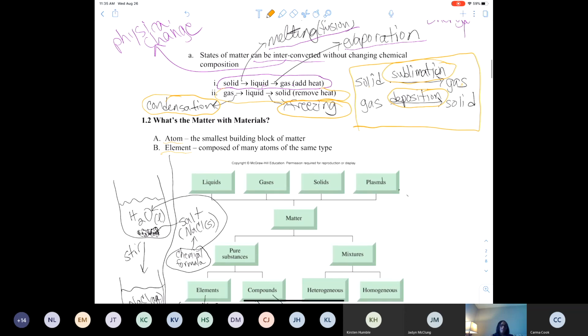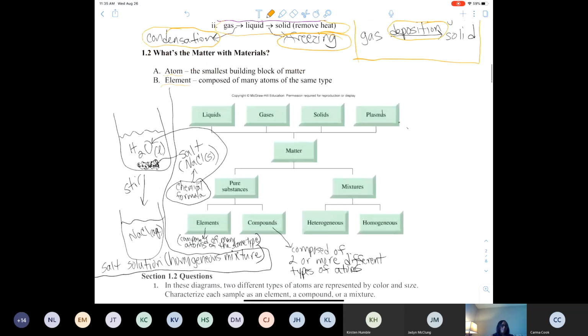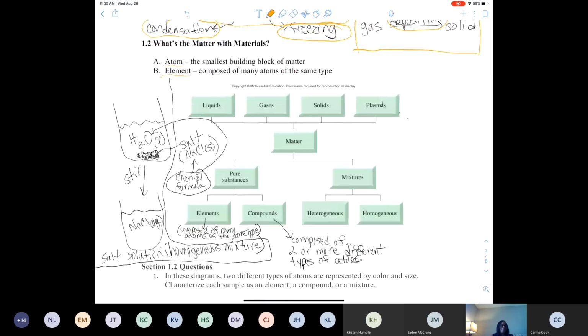And so if we take a look at the following table, we have the four states of matter listed here: liquids, gases, solids, and also plasmas. Those are your four types of matter.